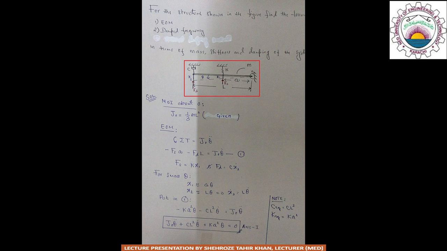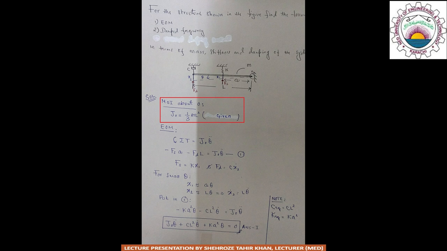Before moving towards the formulation of the equation of motion for this system, let us consider the moment of inertia of the rigid bar about point O. Since we know that for a rigid bar, the polar moment of inertia J is given by 1 upon 3 ml square.